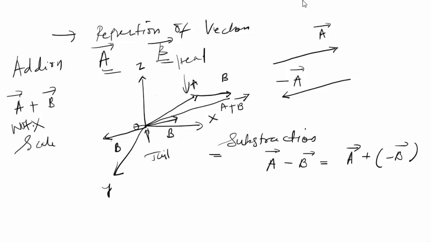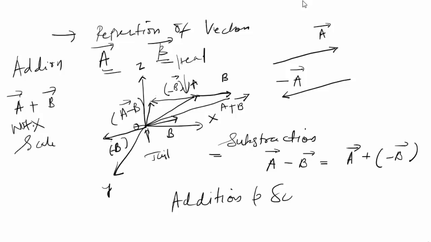So this would be minus B vector. When I'm adding this vector, I will add it here. So the tail will come here, and this is my minus B vector. So I have added this, and this is something like my A minus B vector.